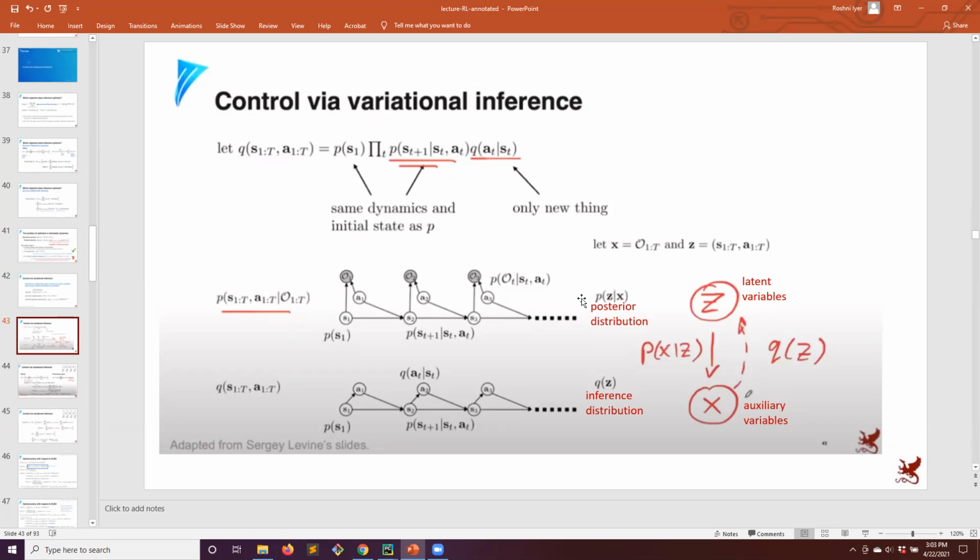Now, if we want to compute p of Z given X, that's like computing the posterior distribution. And if we want to compute q of Z, that's computing the inference distribution. This is visually how you can interpret this. Remember, these are our observed variables, and these are the latent variables. So we can model p of Z given X in this way, and the inference is the other direction, where it's q of Z.